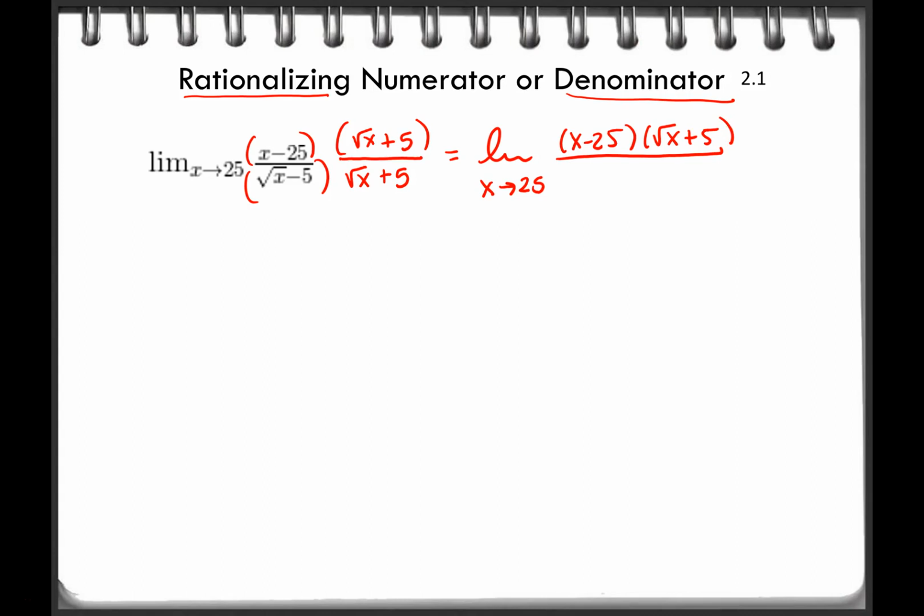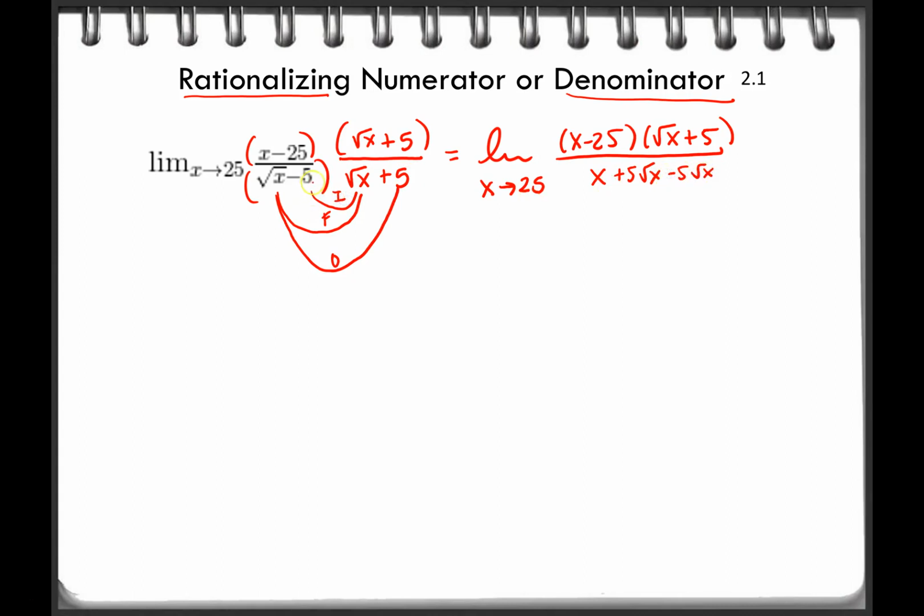So I've not done anything but just rewrite those two expressions. But instead of doing box method this time, which you're welcome to do, let's just do FOIL. So first times first, root x times root x is just x. Outer, root x times 5 is going to be a 5 root x. My inners are going to be a negative 5 root x.